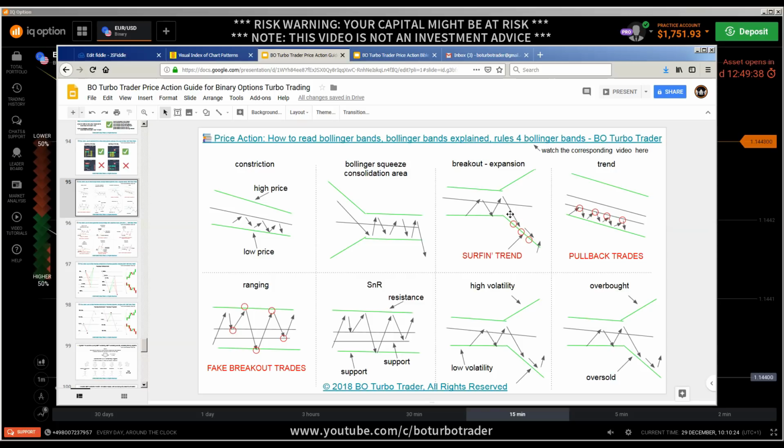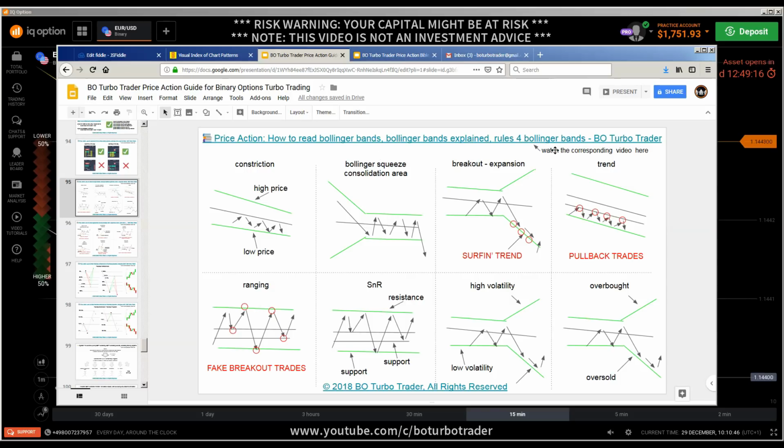Also on the 1 deviation you can surf the trend, because price will then move between the 1 deviation and the 2 deviation. And that is the same as what I have shown you here, because part of the trend is also the trend channel between the 1 deviation and the 2 deviation.